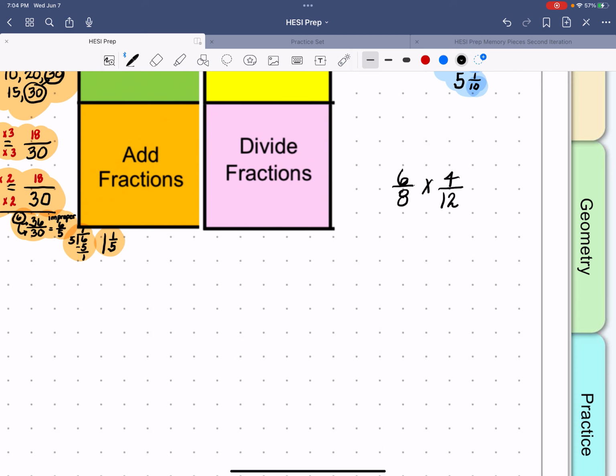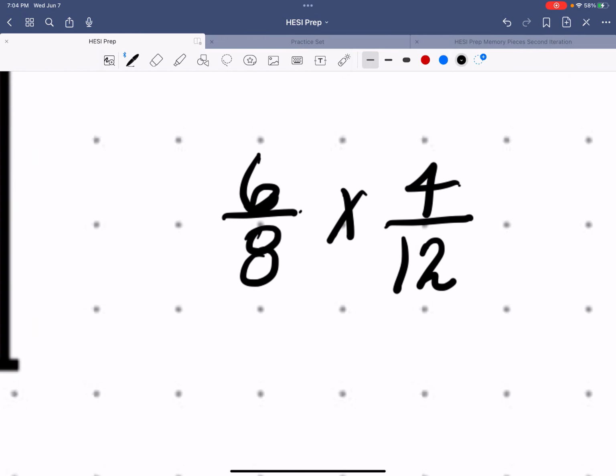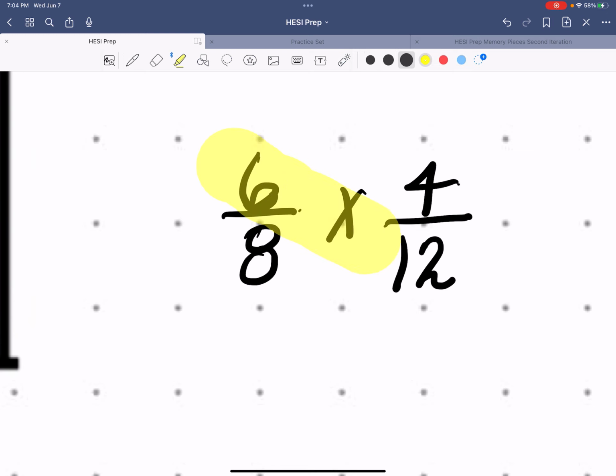And you can go ahead and do top times top and bottom times bottom to get a very large fraction. Or you can cancel. And to cancel, we're going to work this way. Let me go ahead and highlight it. 6 and 12 can both be reduced by 6. 6 into 6 is 1. 6 into 12 is 2.